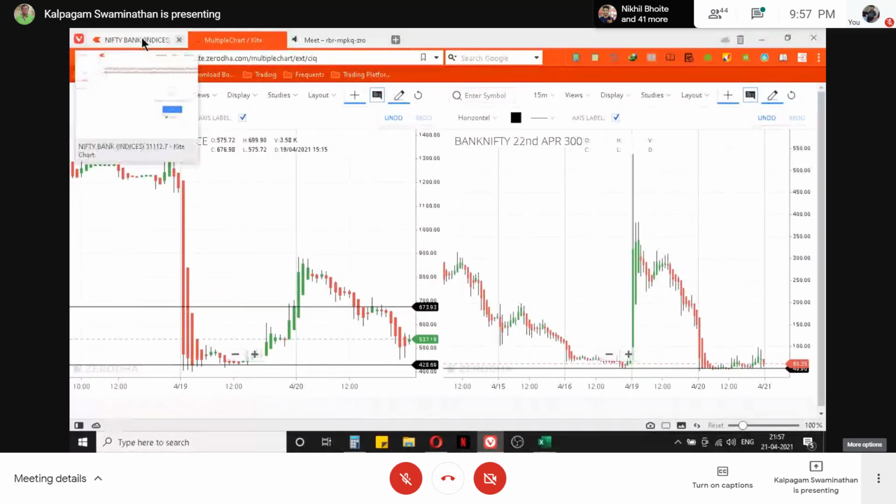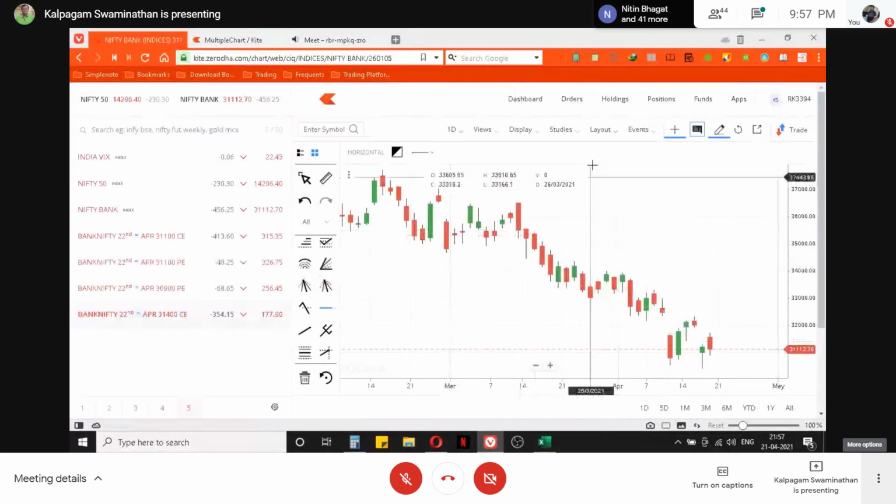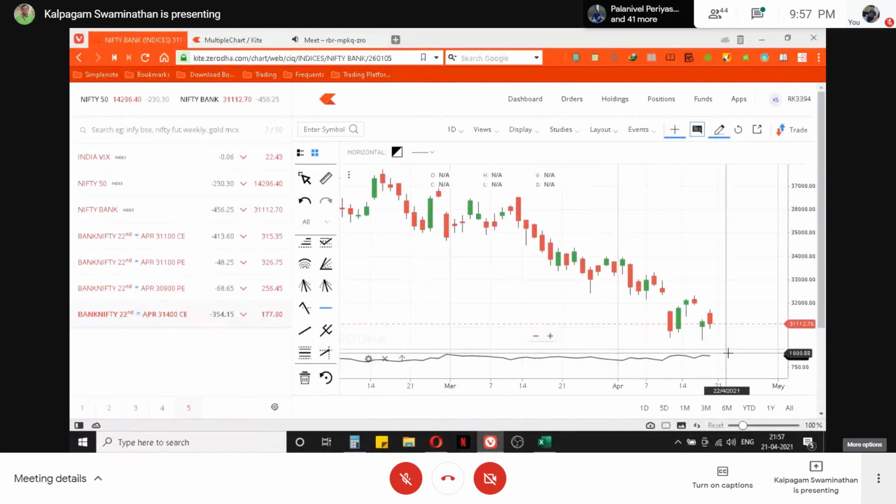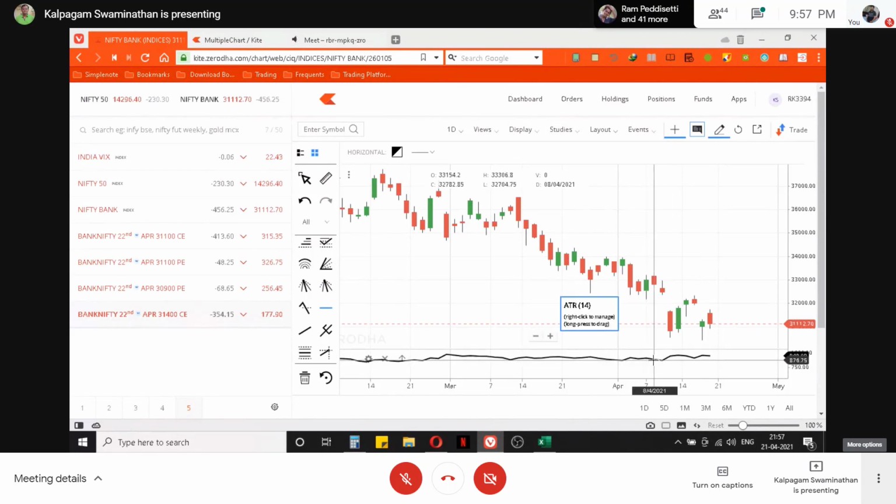Simply because Bank Nifty moves 900 points a day on an average. That I found out from ATR. It is some 949 points on an average for 14 days. So even if it falls below average, it could go to maybe 500 points. It has been a long time since Bank Nifty traded only a 300 point move.